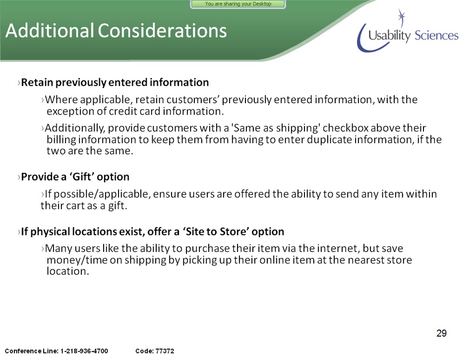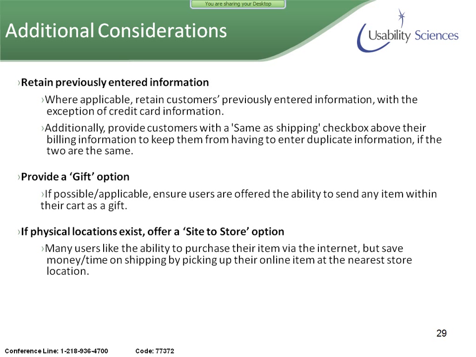Also, if you have physical locations, make sure that you provide users with a site to store option. A lot of times I know that when I'm going through a checkout process and I'm buying something online, I'm typically shopping online because I'm perhaps getting a better deal or there's an online special, but it doesn't mean that I don't want that gift right away.